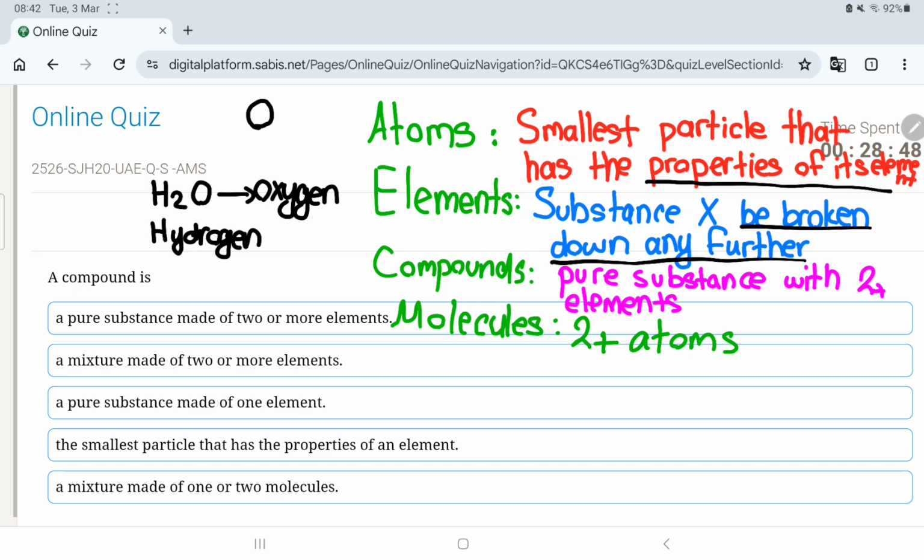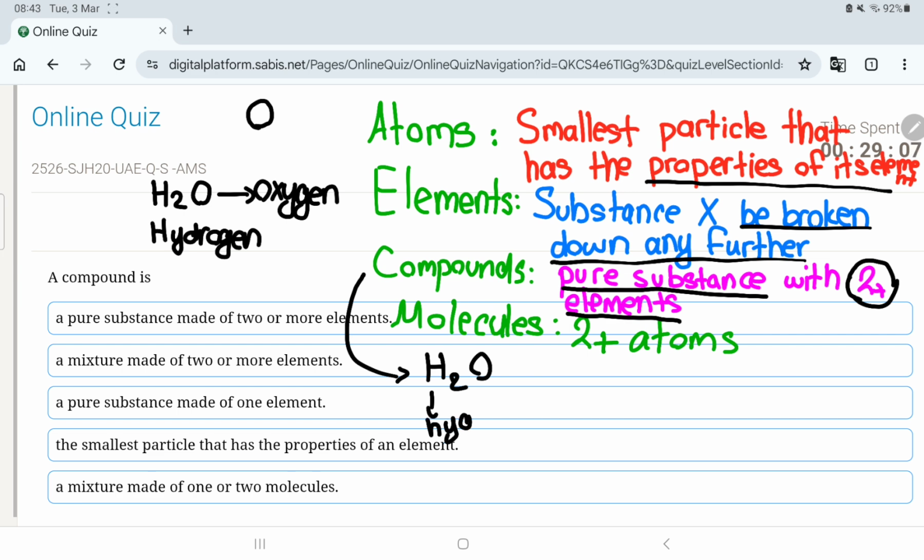Now, compounds, pay attention to this part. Pure substance with 2 or more elements. For example, once again, I'm going to use the water example, H2O. What can we break it down into? We can break it down into hydrogen, and also into oxygen, right?